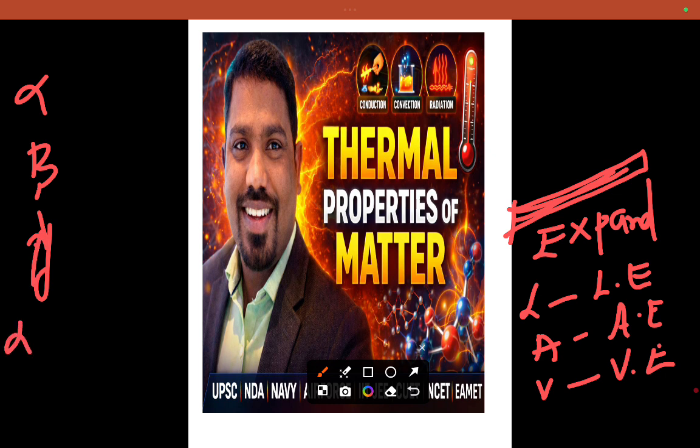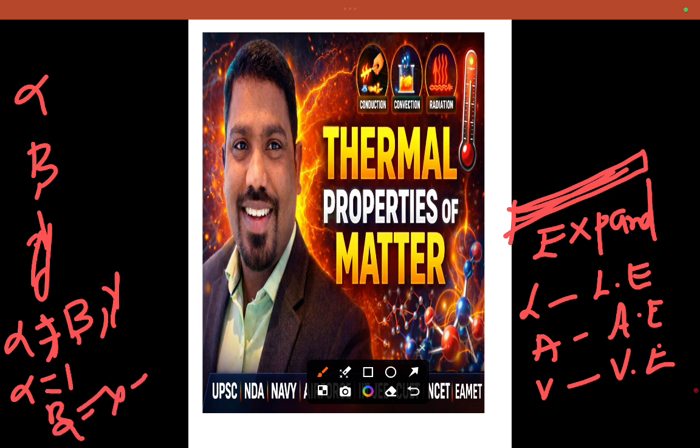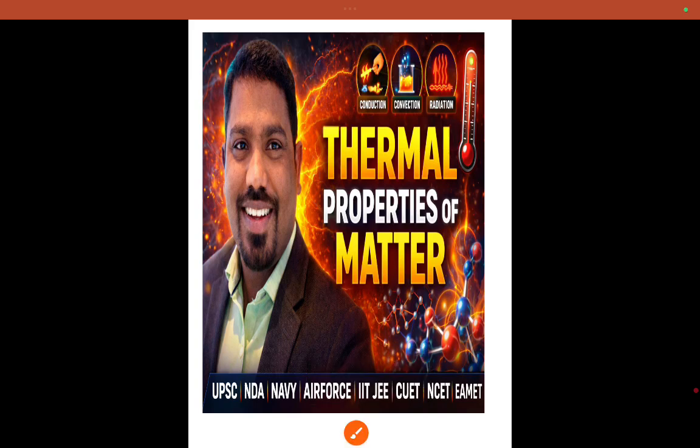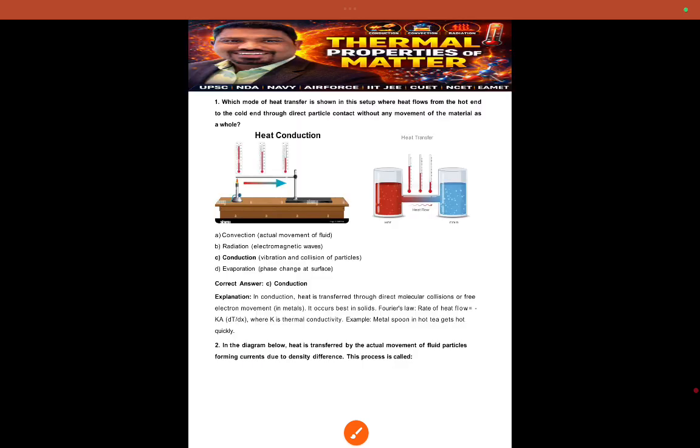Now alpha, beta, gamma are the coefficients of linear expansion, areal expansion, and volume expansion, and they are in the ratio alpha is 1, beta is 2, gamma is 3. Like that we have a relation. That is how we got the coefficients. Linear expansion definition is what? I can explain here.